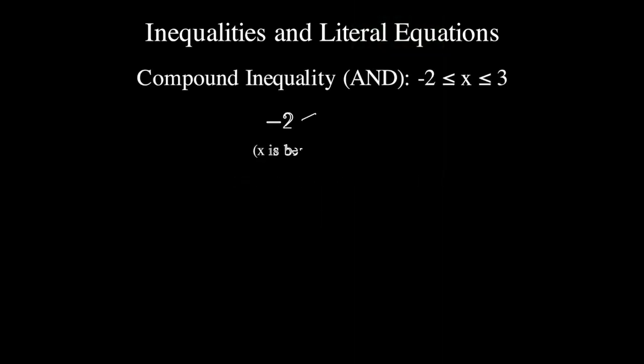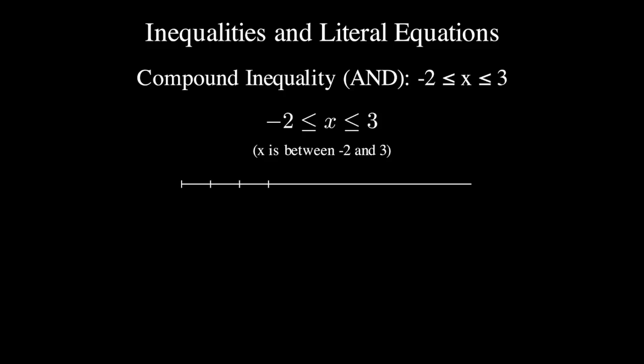Next, let us explore compound inequalities, starting with an AND inequality. Negative 2 is smaller than or equal to x, which is smaller than or equal to 3. This inequality means x is between negative 2 and 3, including both endpoints.